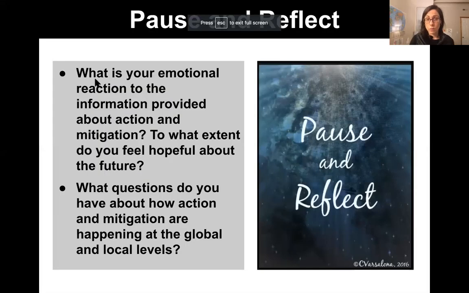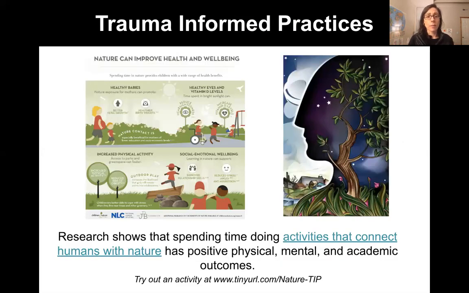I think it's really important at that point to pause and do some reflecting around emotions and emotional reaction. Hopefully your students are feeling hopeful at that point about the future, but they might have a lot of questions as well. So give them a chance to just pause and think that through. It might be good to use trauma-informed practices. We've been saying to do it all along, especially with the things that are crisis-based, but it's equally important to do it on things that are hopeful.